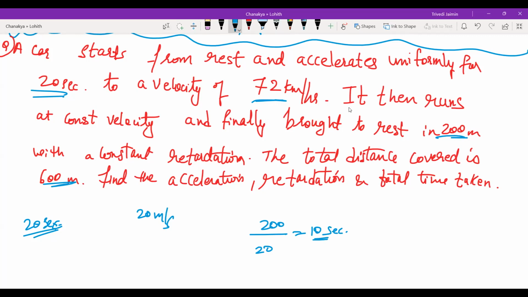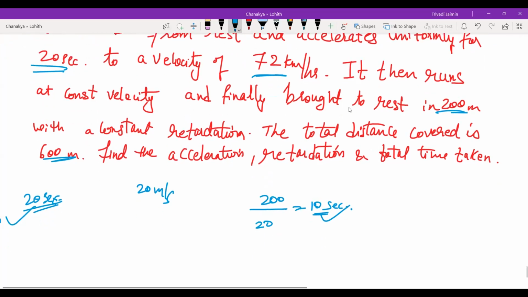Got it. The same 200 meters for the retarding part, so the same will be 20 seconds. So 20 plus 10 plus 20, which is 50 seconds.